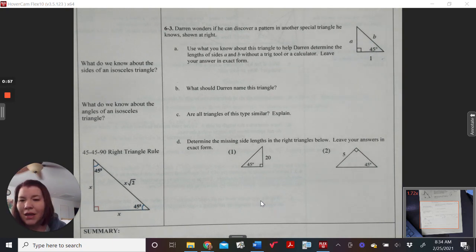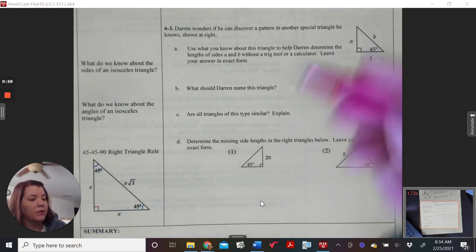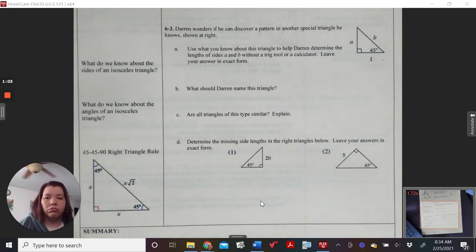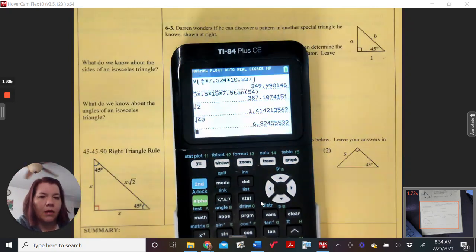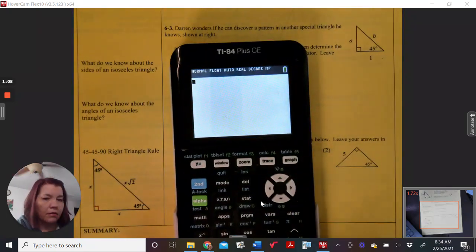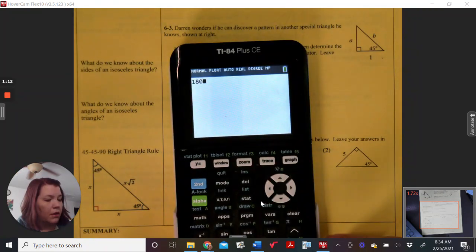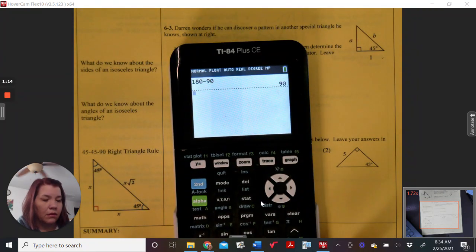And since we name things based on their angles, in the last one, let's see what this angle is. Calculators are fun for that. So clear that out. Let's see, we've got 180 minus 90, minus 45, which gives me 45.